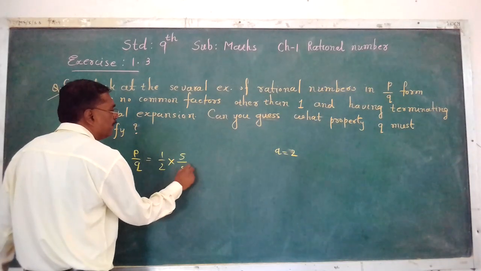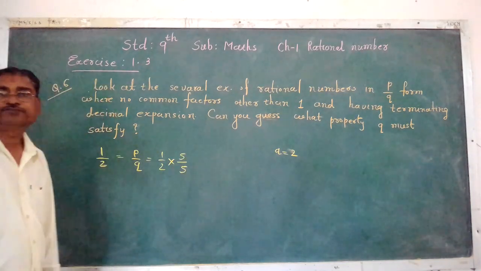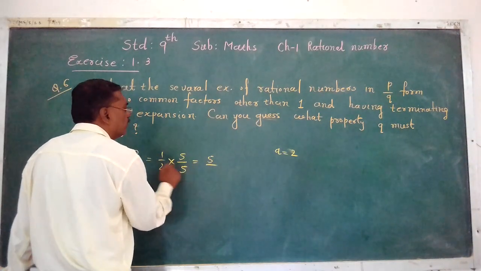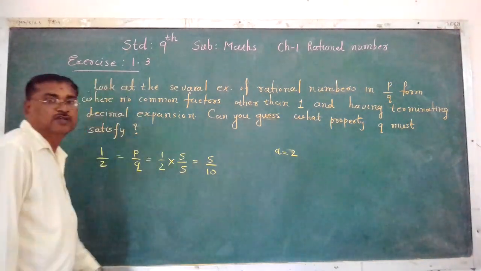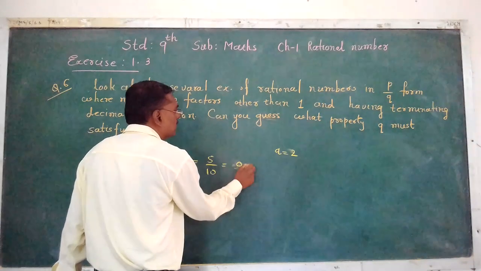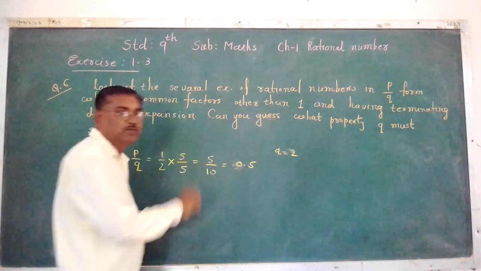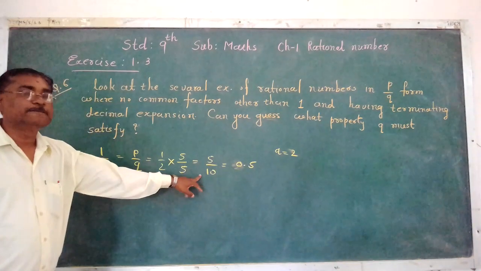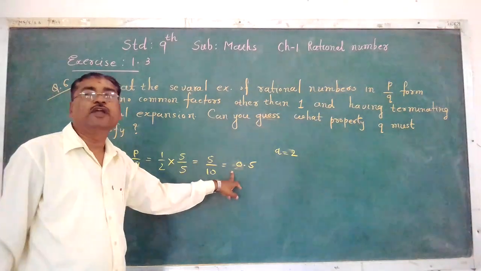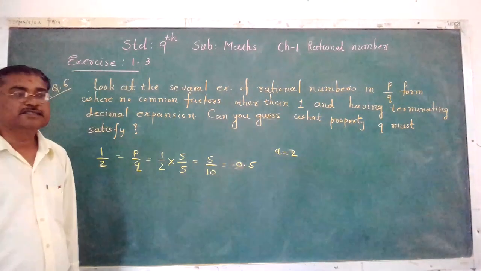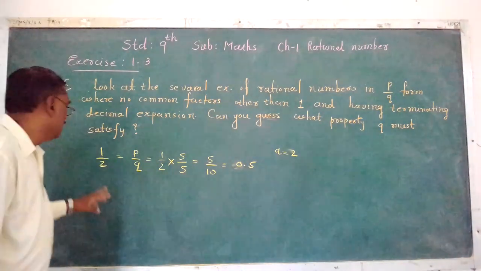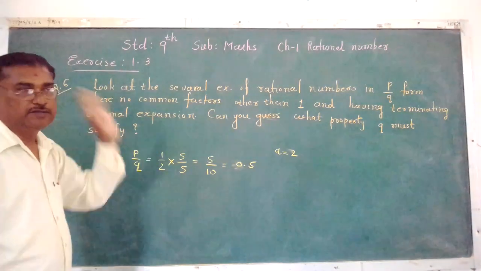So multiply and divide by 5. We obtain 5 ones are 5, 2 fives are 10. So we can write the decimal expansion as 0.5. In the denominator there is only 1 zero, so we write 0.5 as a terminating decimal expansion. But here q equals 2, which is a power of 2, that is 2 raised to 1.